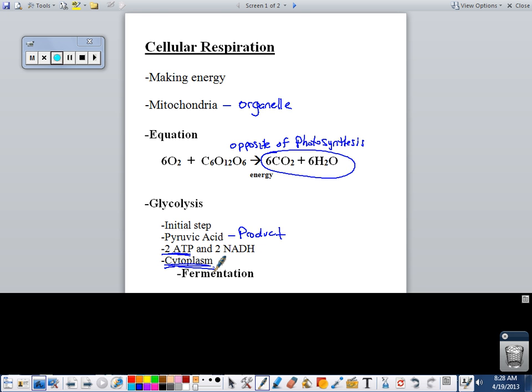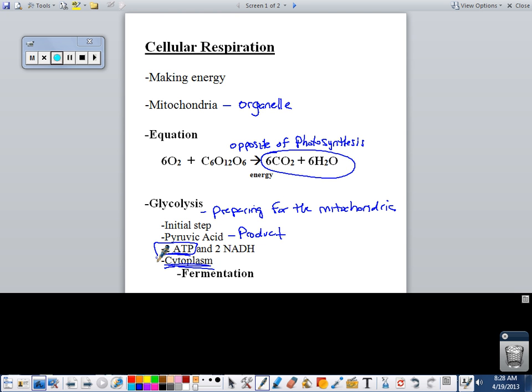It's kind of like when you turn in an assignment to some teachers, you have to put your name on and do certain things before it's even eligible to be turned in. That's kind of what glycolysis does. It takes the glucose and makes it into something that can enter the mitochondria and be useful. The result, those 2 ATP.